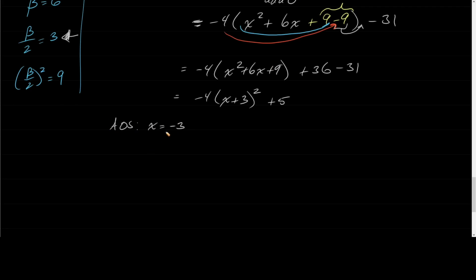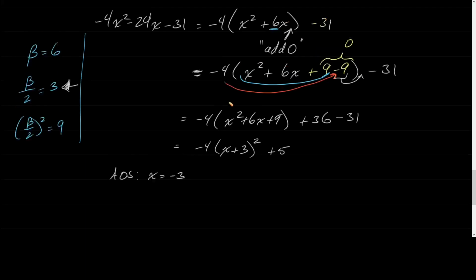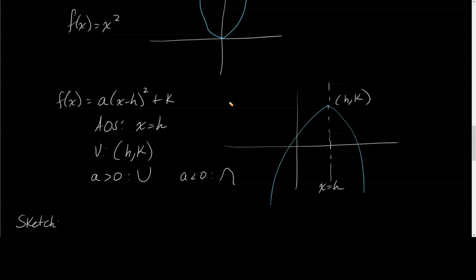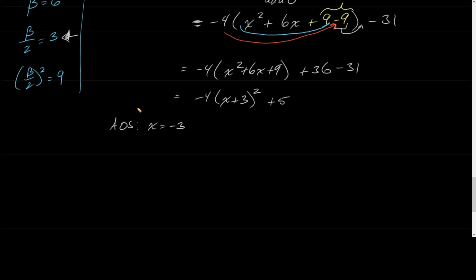Now, why am I doing negative 3 if it's a plus 3 here? Well, let's go back to the formula up here. I said that I needed to have my axis of symmetry be x equals h, but that's when the format is x minus h. What I have here is an x plus 3. So essentially, I'm thinking of that as the statement x minus negative 3. At that point, this is my h.